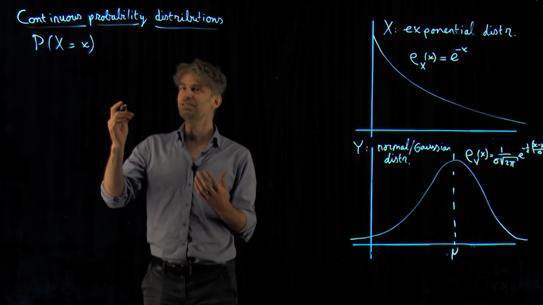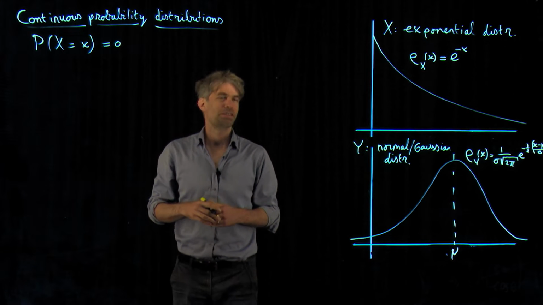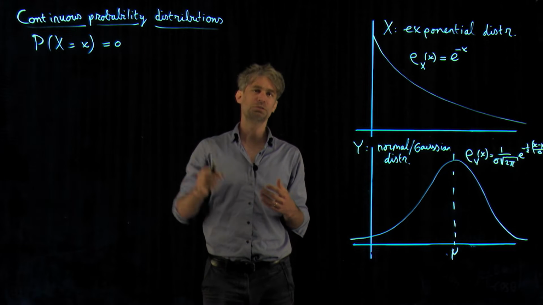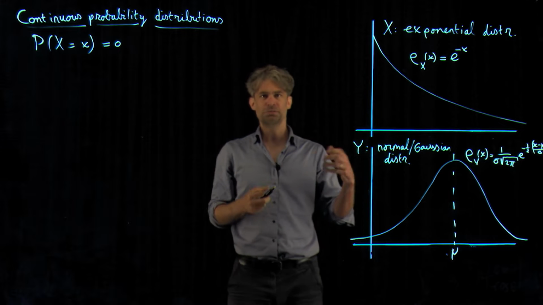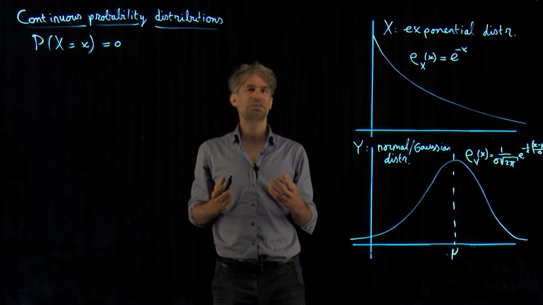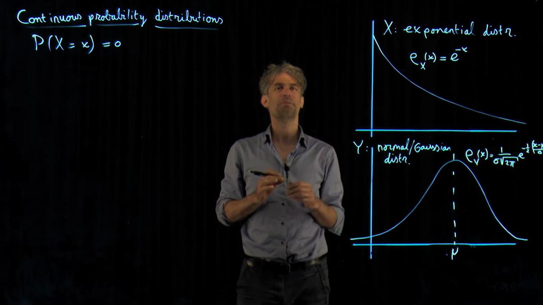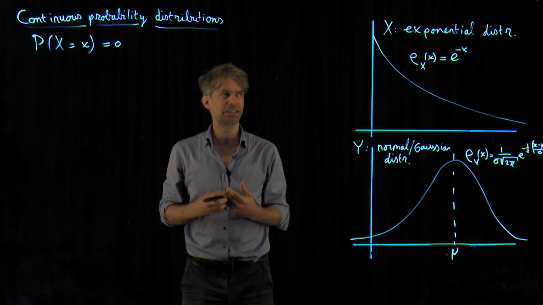And the answer is 0. So for a continuous distribution, the probability for each individual value is 0. So the function that is used for computations here is definitely not 0. So this function here is not a function that gives the probability.